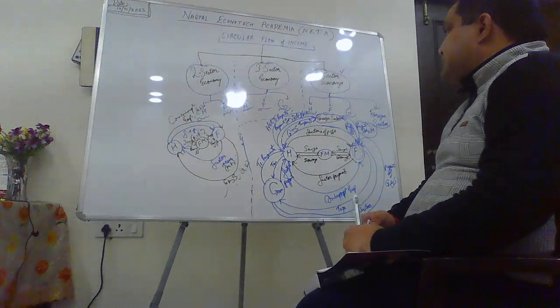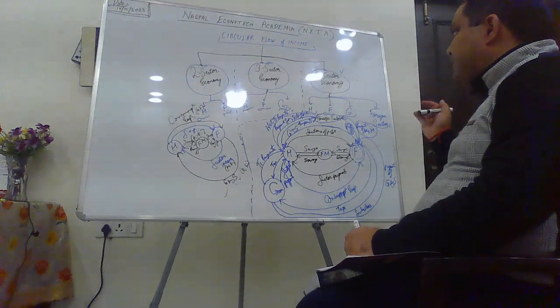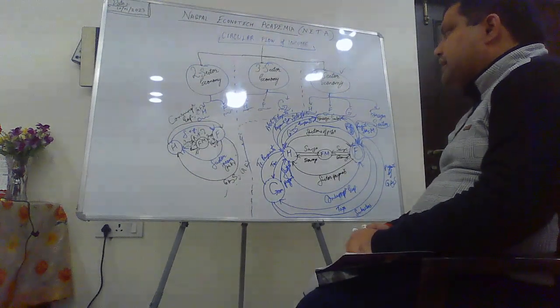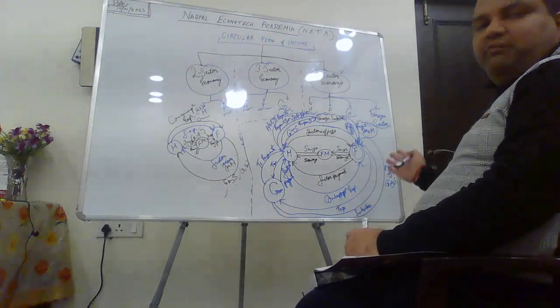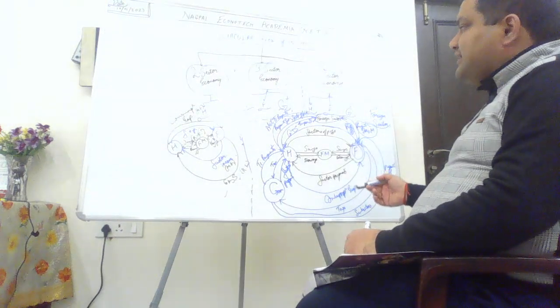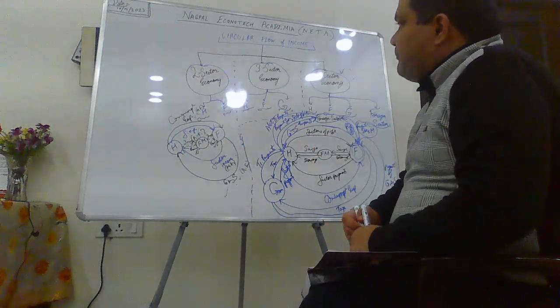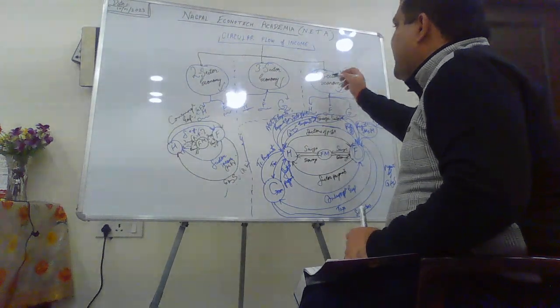So dear friends, this is the basic framework of the overall functioning of the four-sector model economy. I know that it's not so clean and may not be visible to you entirely. We have developed this framework to have a broad understanding of the two-sector, three-sector, and four-sector economy.